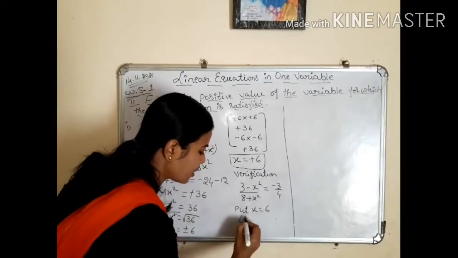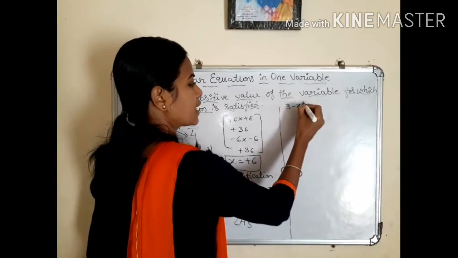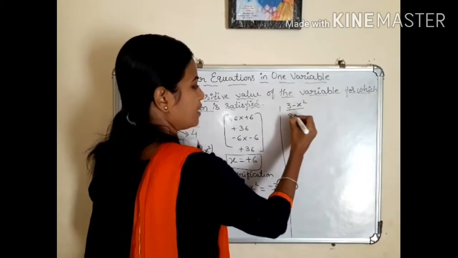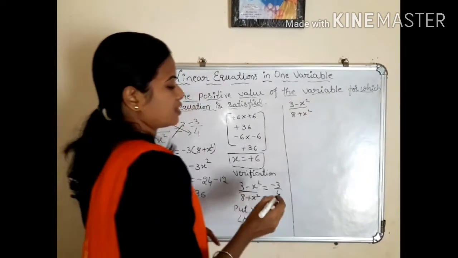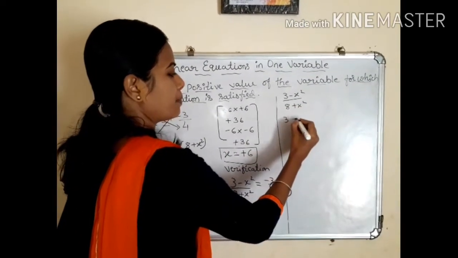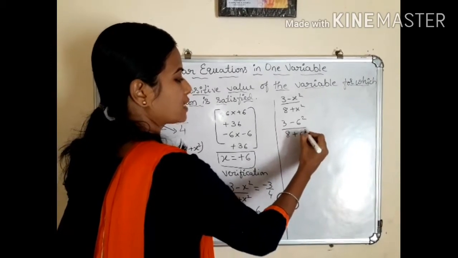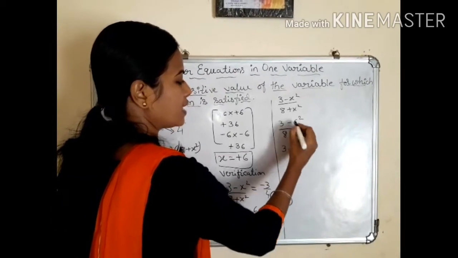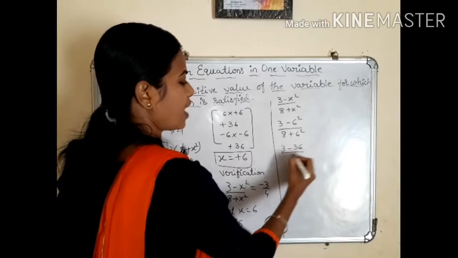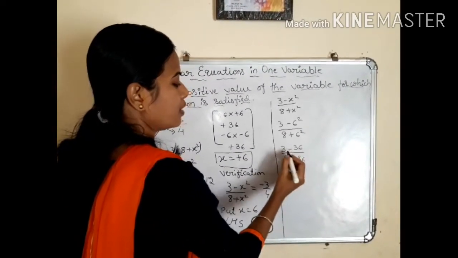Consider the LHS part: (3 minus x square) divided by (8 plus x square). Wherever x is there, you have to write 6. 3 minus 6 square divided by 8 plus 6 square. 3 minus 6 6s are 36, divided by 8 plus 6 6s are 36.